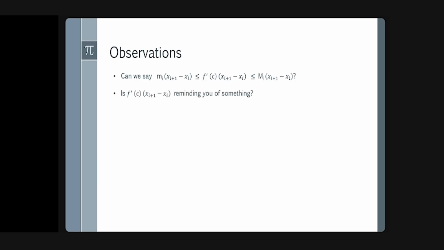But now, is F dash c times the length of the subinterval, x(i+1) minus xi, reminding you of something? Is it similar to F dash c times (b minus a)? Does that remind you of something, anyone?